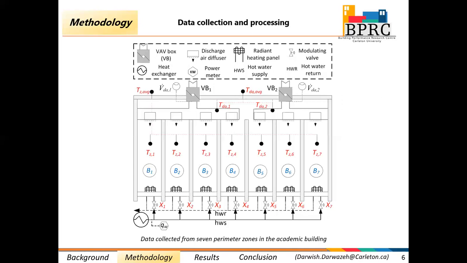These 2 modeling approaches, the steady state and the transient, require measurements of zone air temperature, discharge air temperature, modulating valve state, X1 to X7 here, discharge air flow rate, and occupancy indicator.